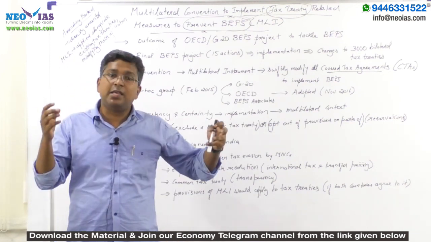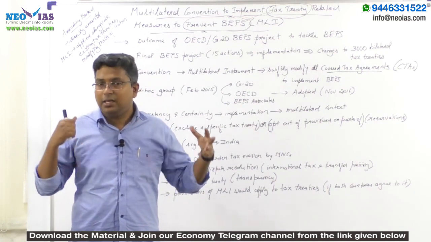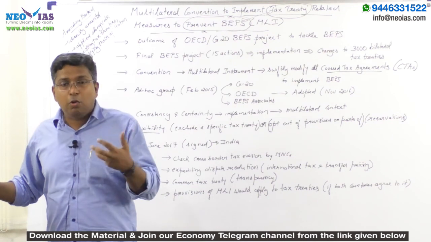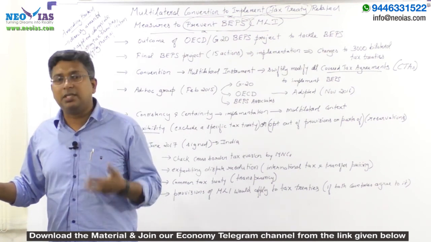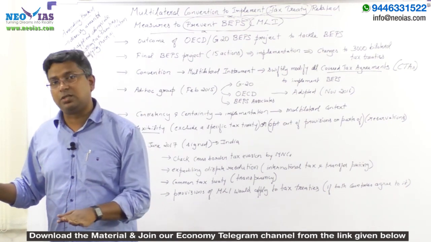Take the case of the India-Mauritius tax treaty. Due to this treaty, India has lost a lot of tax. I am not talking about the revised treaty, but the earlier India-Mauritius tax treaty.